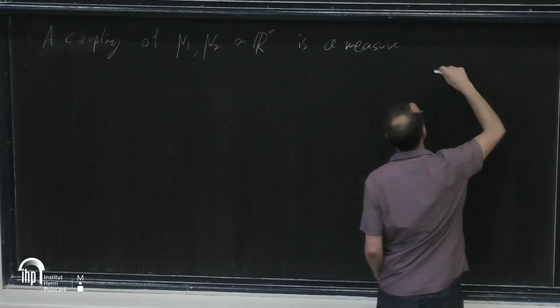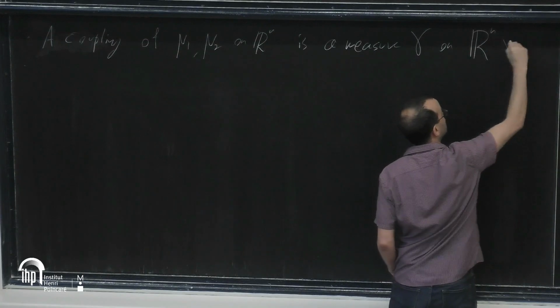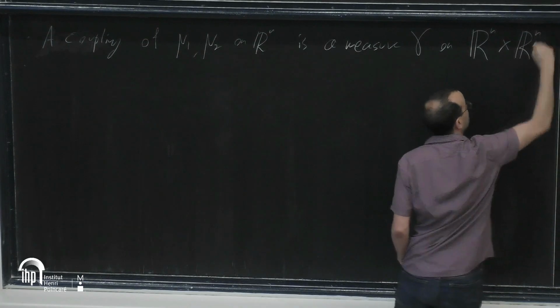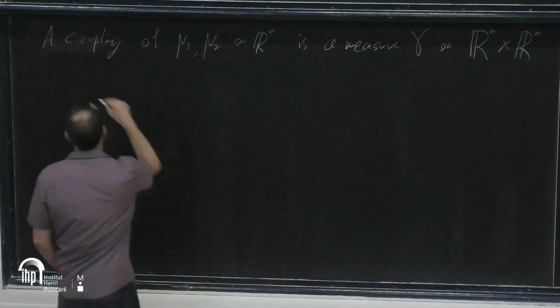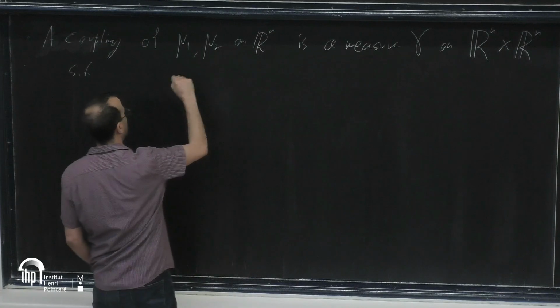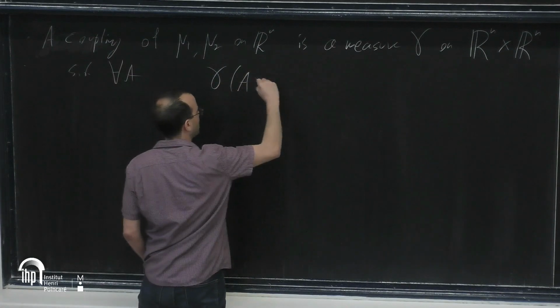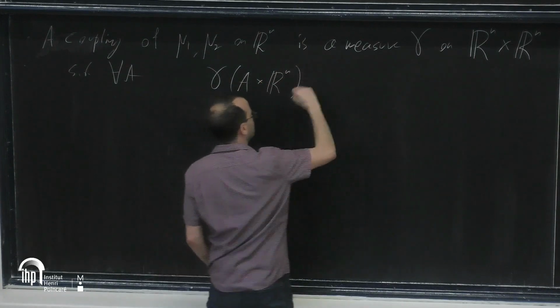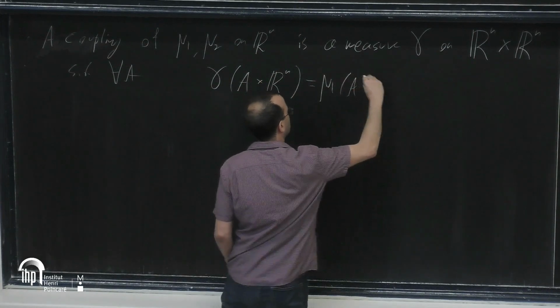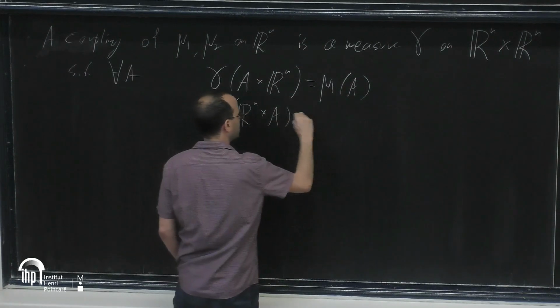All measures are, say, Borel measures. Gamma on the product Rn cross Rn, such that its marginals are right. That is, for any set A, gamma of A times Rn is mu1 of A, and gamma of Rn times A is mu2 of A.